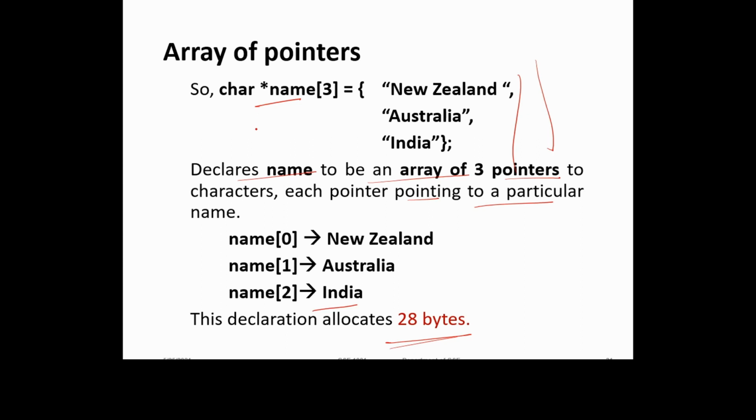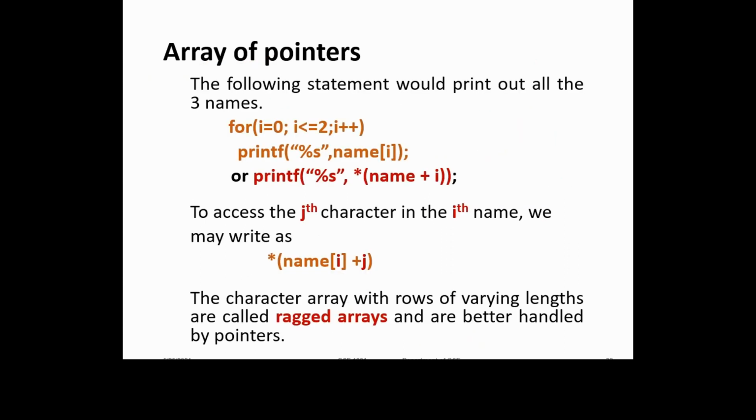If a single character requires 1 byte, then these are 28 characters, including null character for every string. So 25 characters in these, including space and all, and 3 characters, that will be 28. So this will require 28 bytes of memory allocation. So in this way, we can use array of pointers in the strings also.